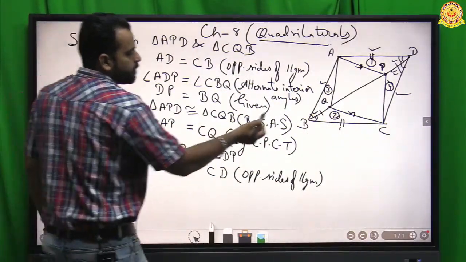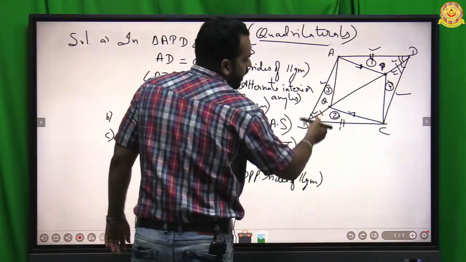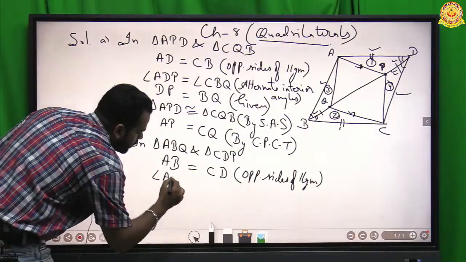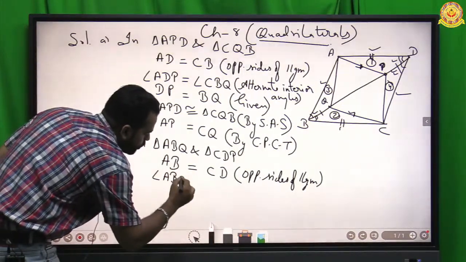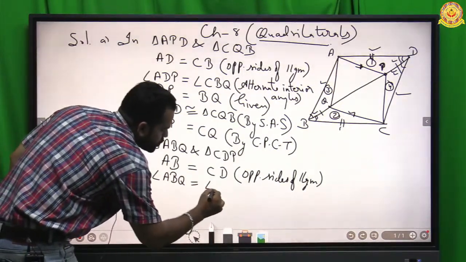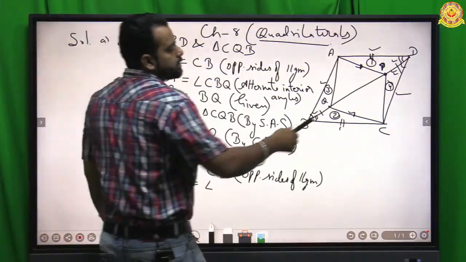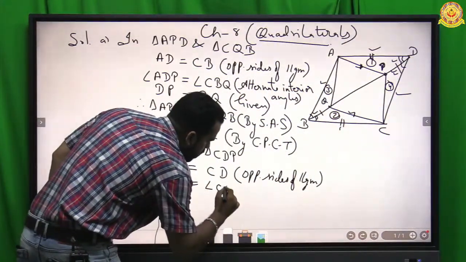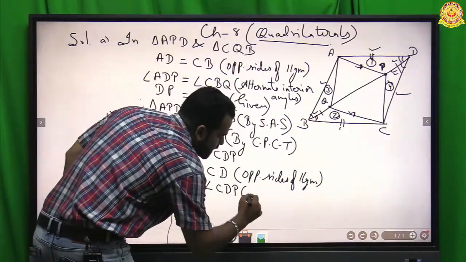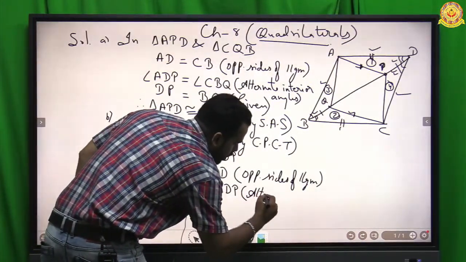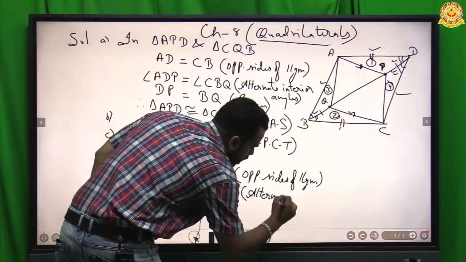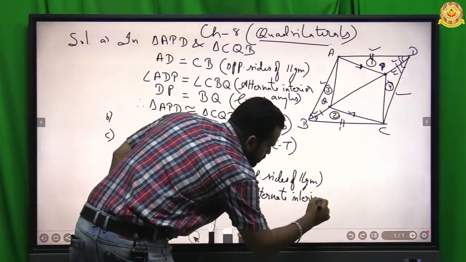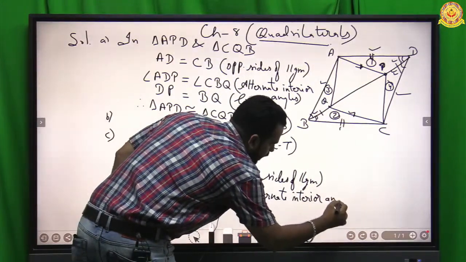So what is the name of this angle? ABQ. So angle ABQ is equal to angle CDP. And the reason is because they are alternate interior angles.